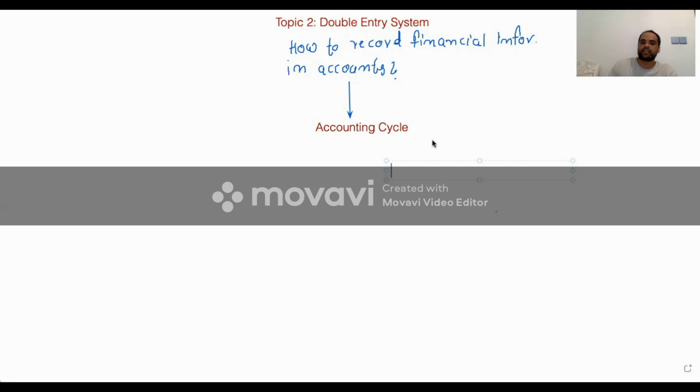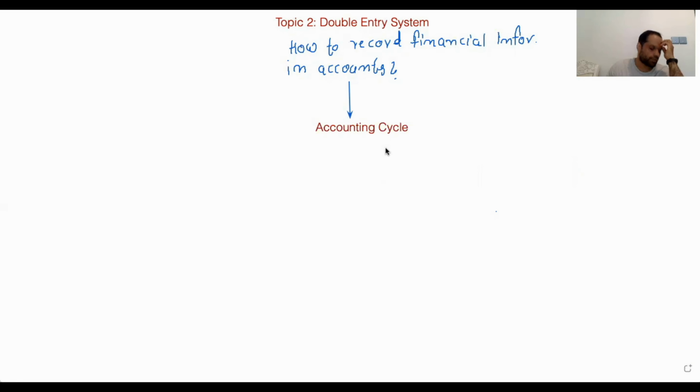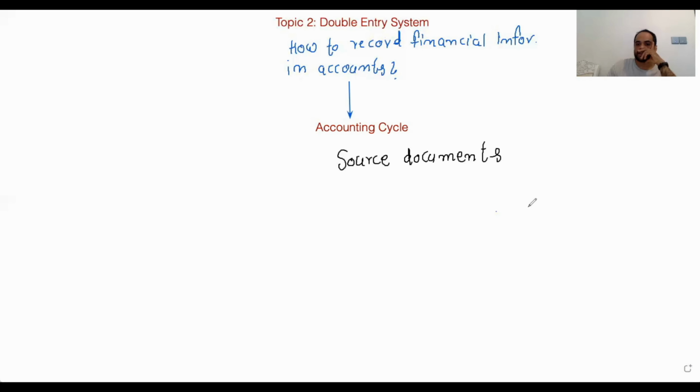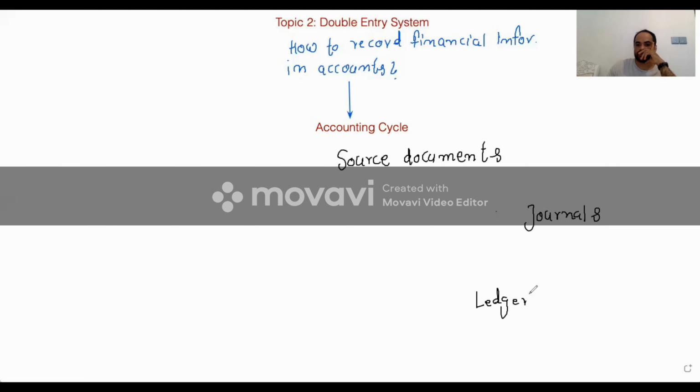So in this accounting cycle, we start with the first step, which is source documents. Second step, I will explain all the steps one by one. Second step is a journal. Third is ledger.